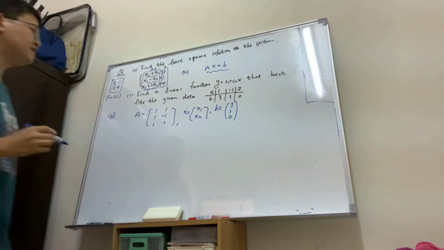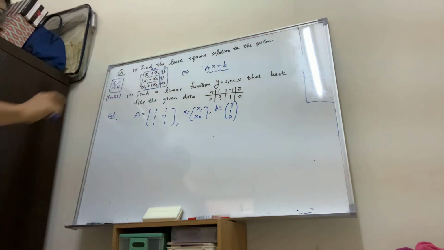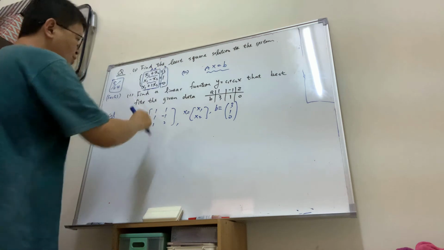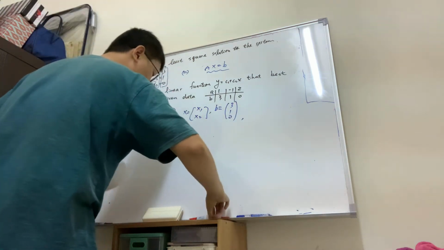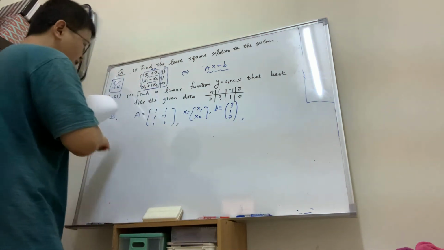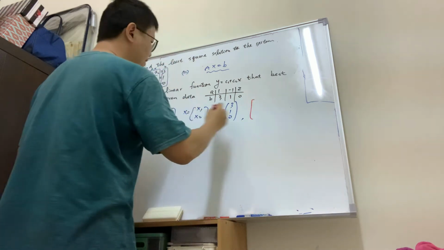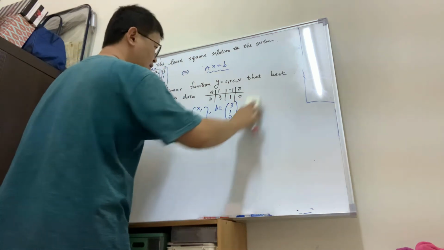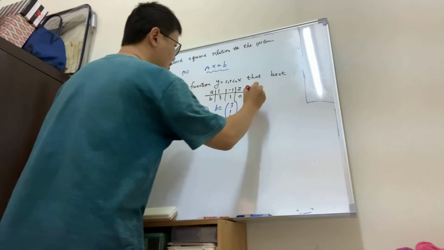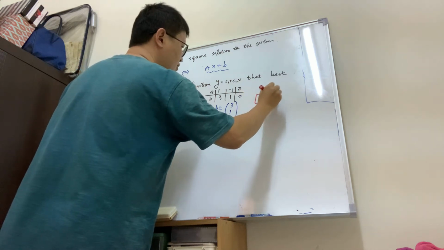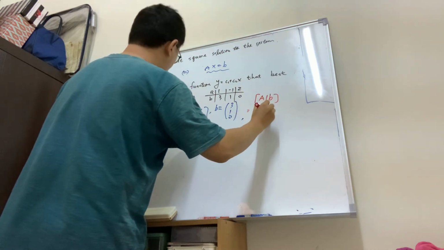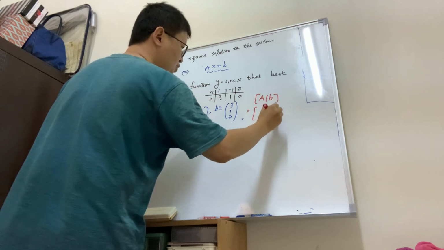To solve it, originally we consider the augmented matrix [A | b]: 1, 1, 1, negative 1, 1, 2, 3, 1, 0.